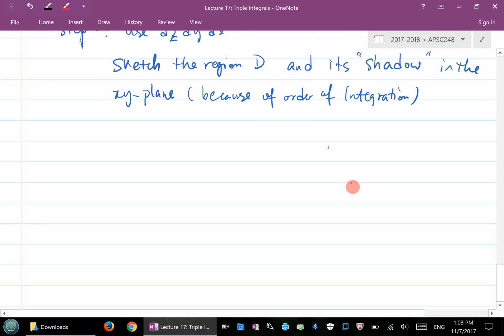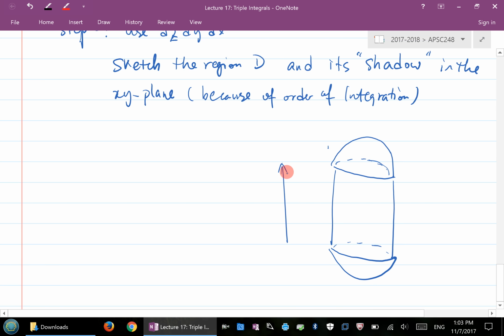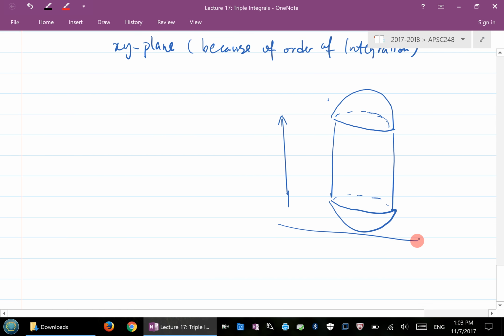I'll give you an example right here. Let's say we have a region D looking something like this. It's more or less like a cylindrical type of object. So that's region D. You have an upper surface, a lower surface, and the sides of this cylindrical object.